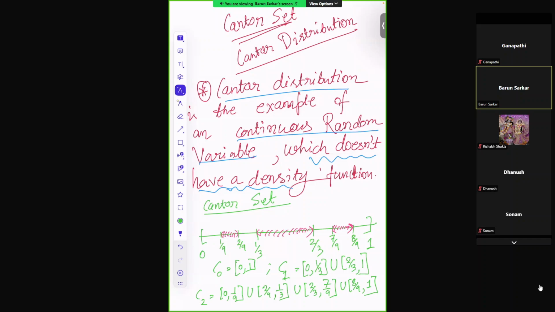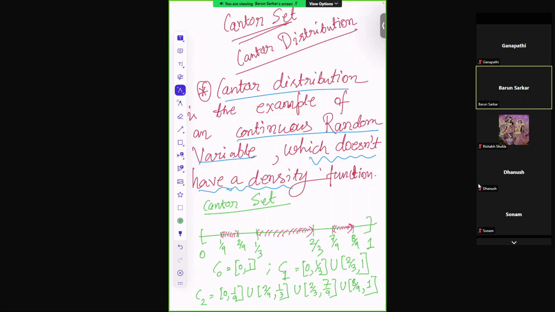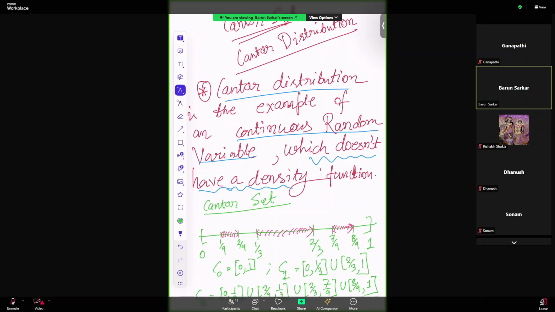So first step, I take [0, 1], then I delete the 1/3 of this thing. Then whatever two things are there, I delete the middle 1/3 of each. So I continue to do so.